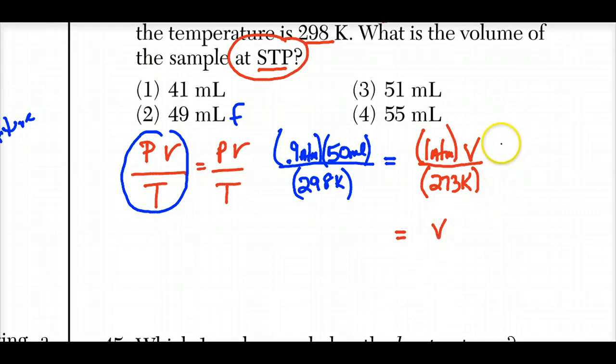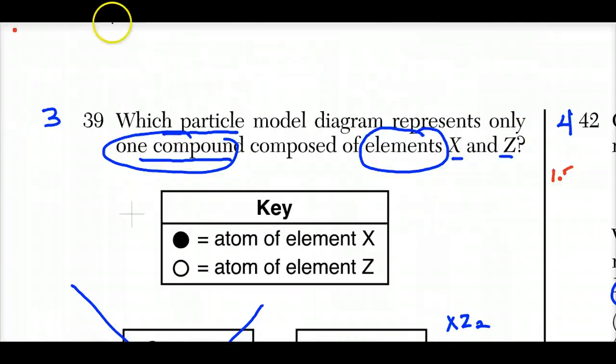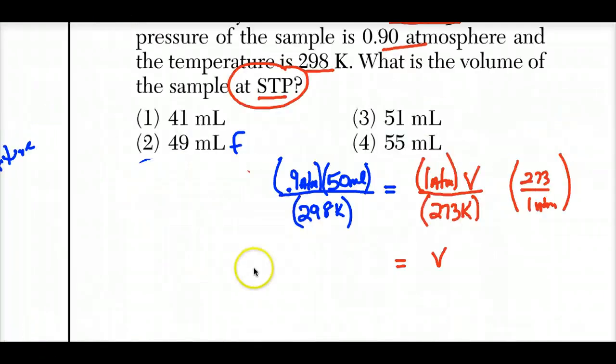Now, for those weak in your algebra, what I'm going to do is multiply this side by 273 over 1 ATM. And what I do to one side of an equation, I do to another. Sorry about that. So what I do to one side of an equation, I do to another. So this would be 273 over 1 ATM. This is kelvins, of course.